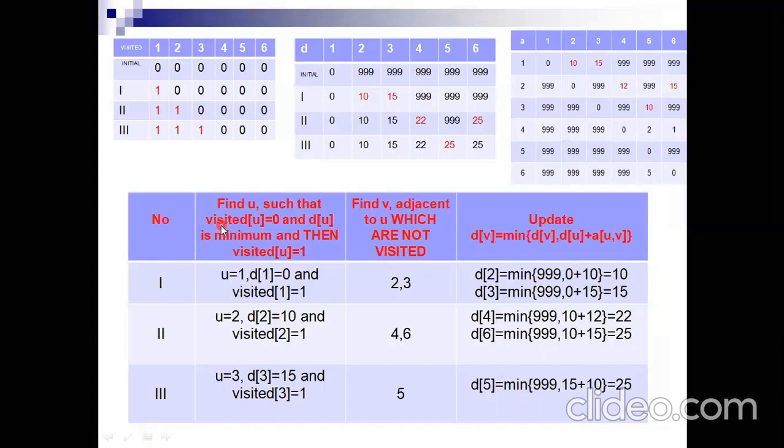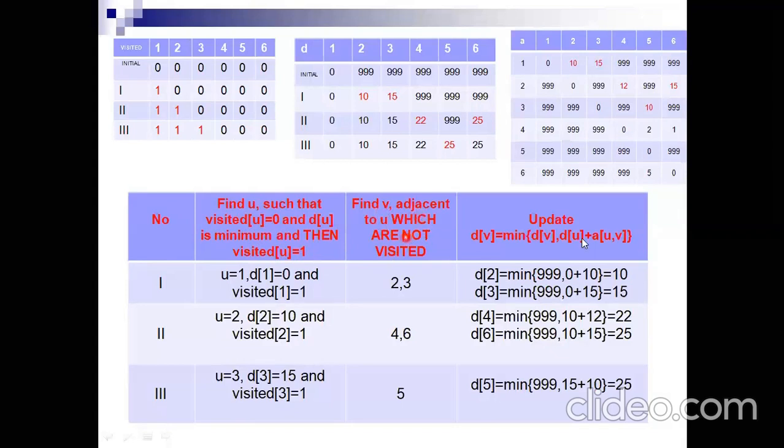The first step, what should I do? Find U such that U is not visited, that is visited of U equals 0, and dU is minimum. After selecting U, mark it as visited. That's what I said in the first step, right? Visited of U equals 1. The next step is to find V which is adjacent to U, and V should not be visited.